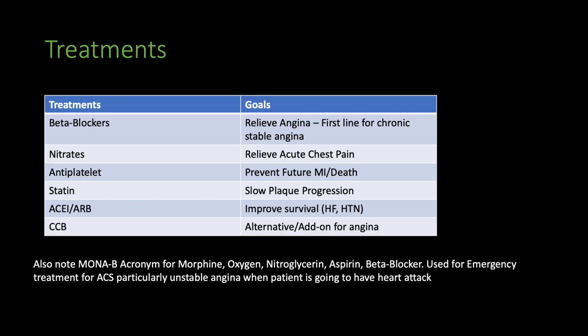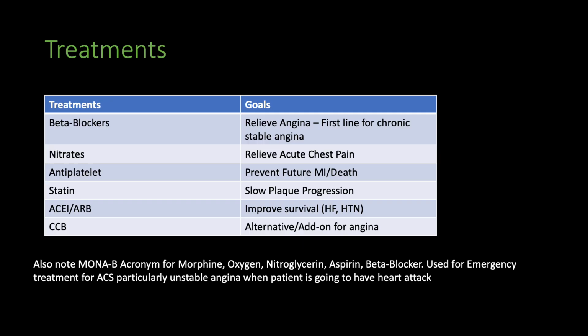Also want to note the MONA-B acronym because this is where the emergency treatment happens if a patient is having unstable angina and that blockage of the blood occurs, and the patient is going to have a heart attack due to the real bad excessive chest pain.